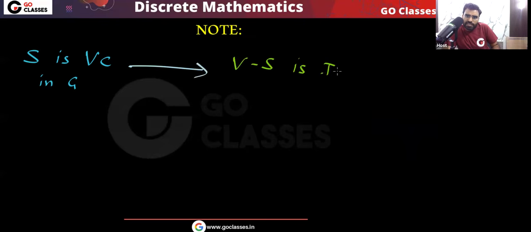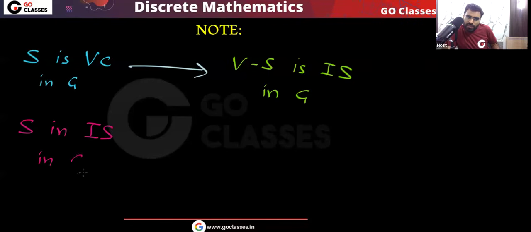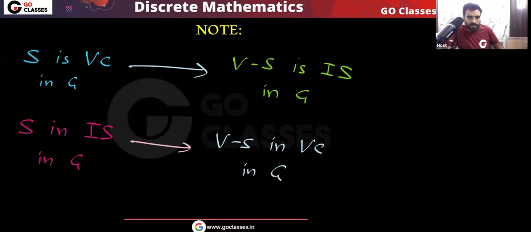If S is a vertex cover in G, then the remaining vertices V minus S will be an independent set in G. And similarly, if S is an independent set in G, then the remaining vertices form a vertex cover in G. Very simple, this we already know.